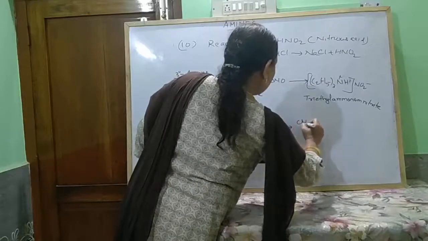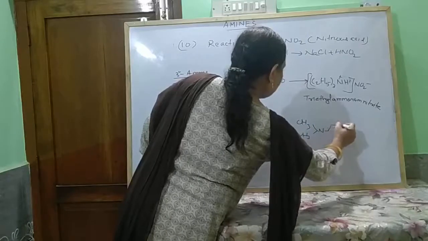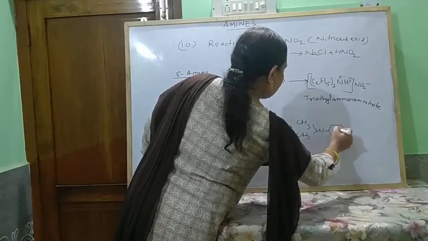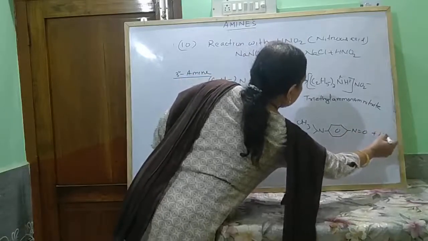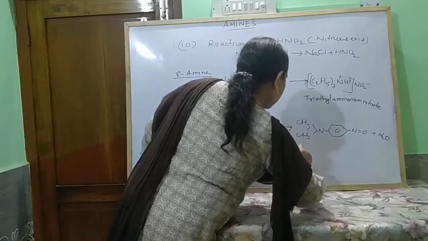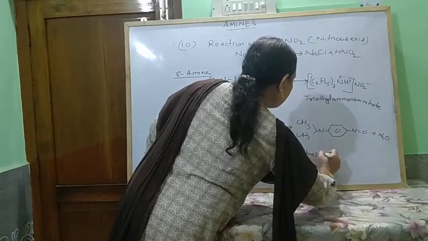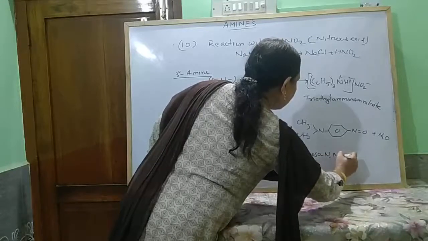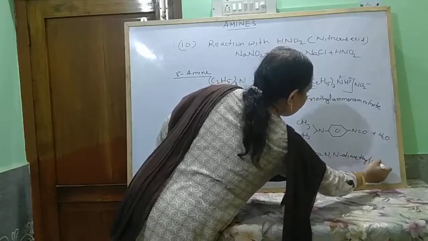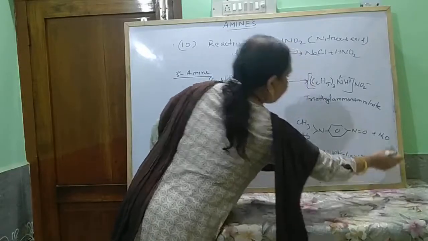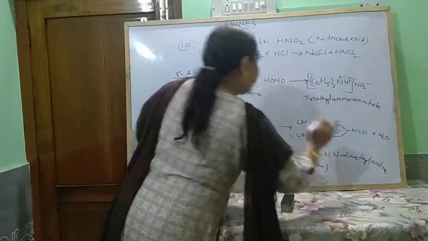Removal of water molecule gives CH3, CH3, N plus H2O. This is p-nitroso-N,N-dimethylaniline, and this color is green.